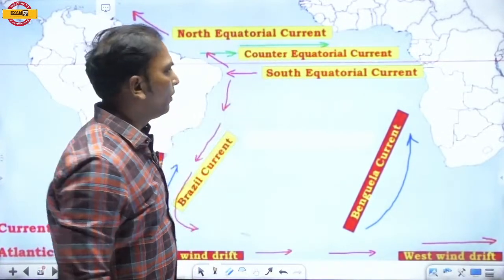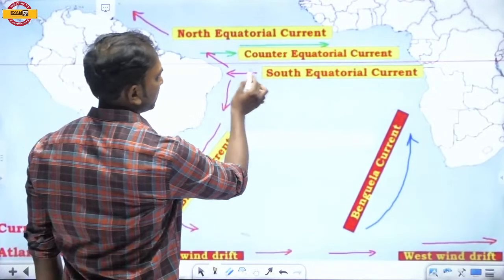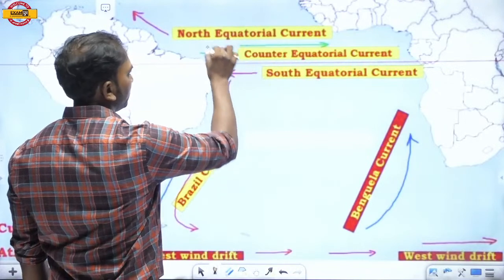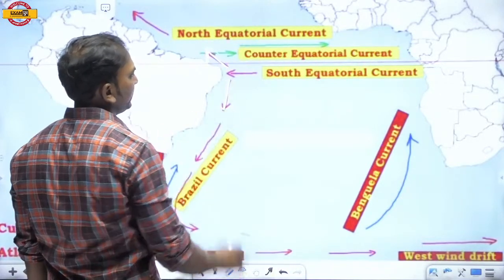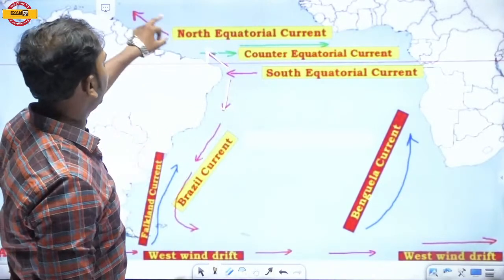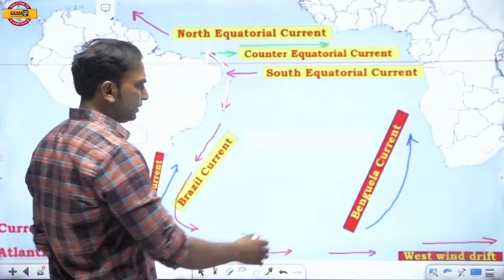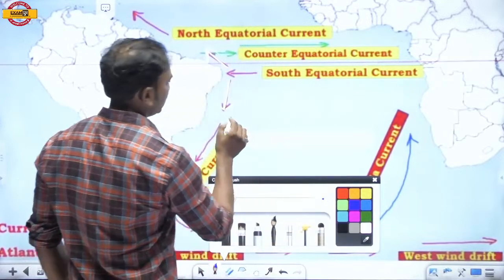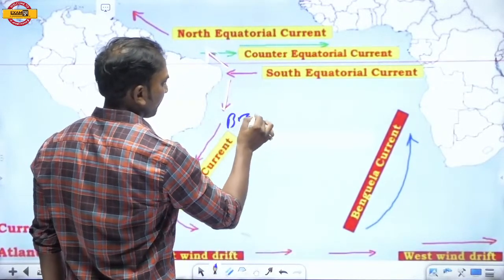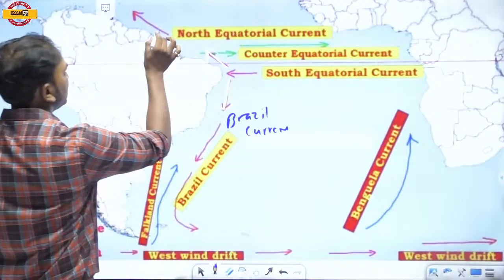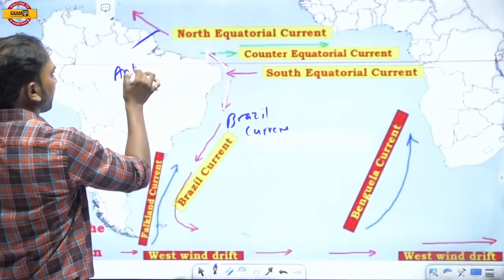Again you see the equatorial current coming this way. It bifurcates, one branch is the Antilles, the other is the Brazil current. This side is the Brazil current, and this side is the Antilles current.